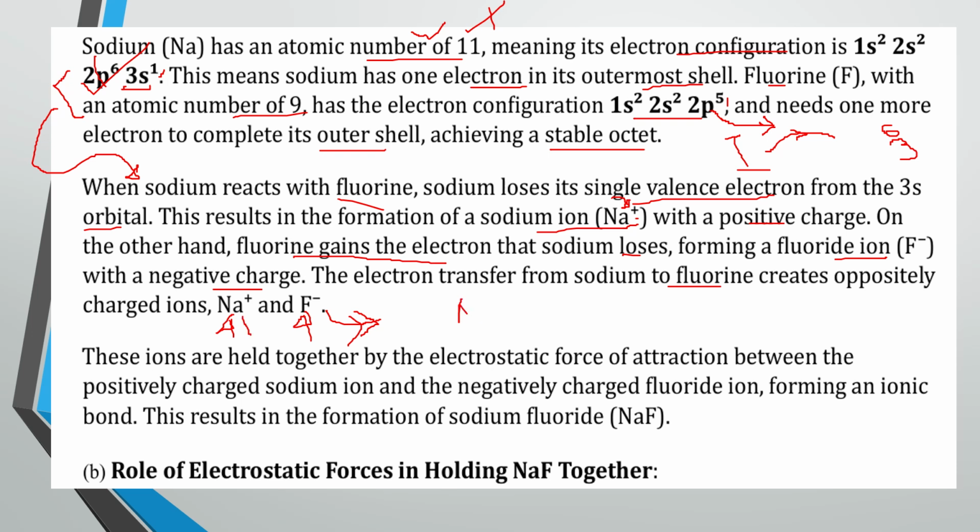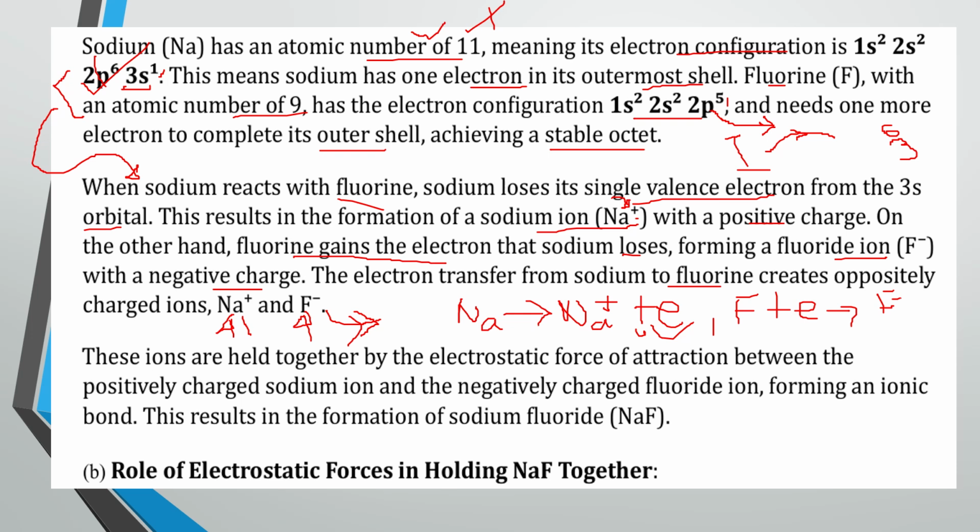You write the equation for sodium, showing that sodium has formed the sodium ion plus losing an electron. And then you also write the equation for fluorine gaining the electron which sodium has lost to form the fluoride ion. That's going to add you a maximum of 2 or 3 marks.